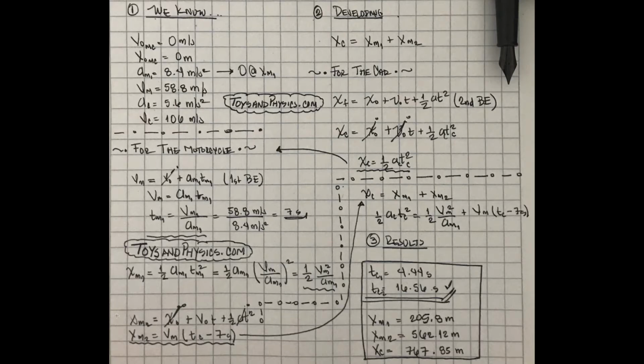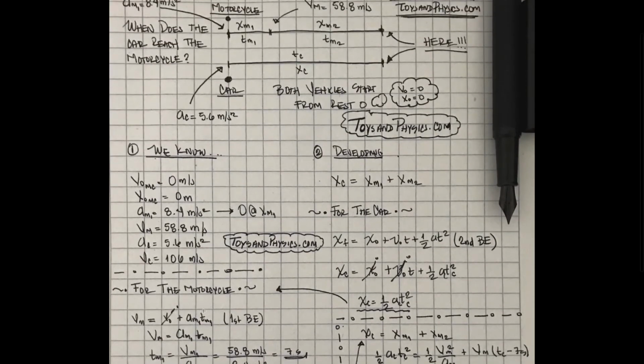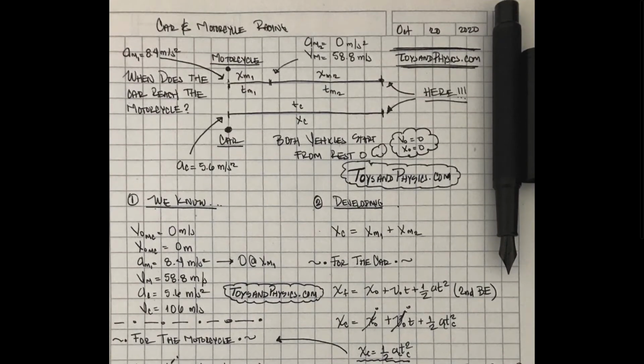You have to remember that the initial position for xm2 is not going to be 0, because then you would be calculating from here to here, right? And it's important to understand that the only thing you're looking for is starting from here to here. You want to find xm2, so this distance here, this displacement here, will require that you take this as the 0 initial position.